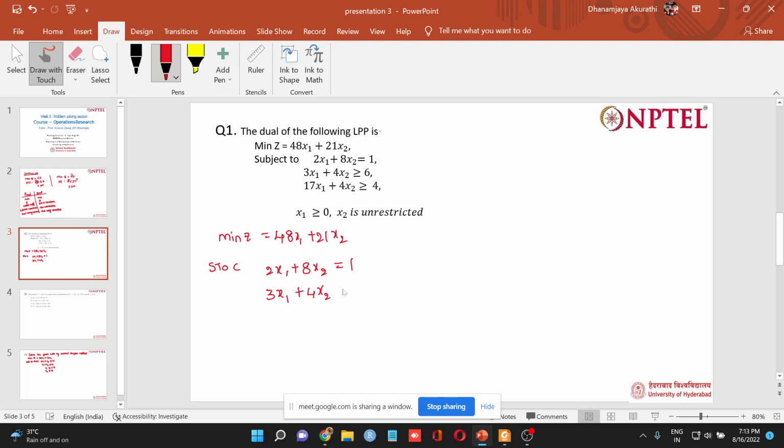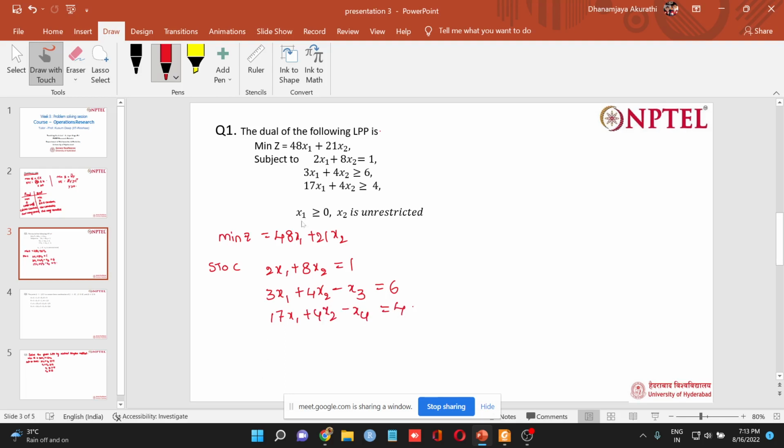Let us assume x3 is the surplus variable, so that it becomes the equation. And in the second case also, it is greater than or equal to sign, so we are subtracting another surplus variable, that is equal to 4.